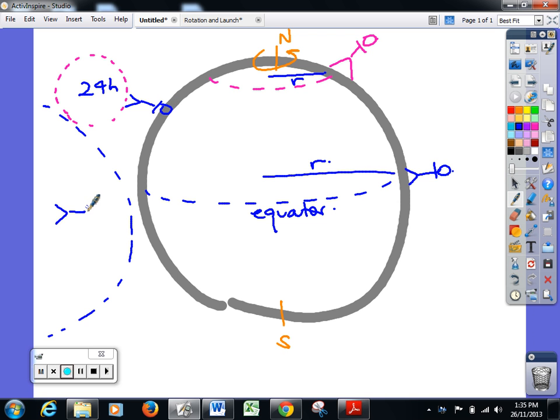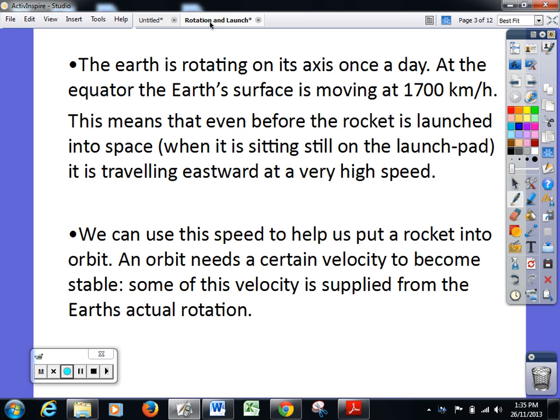At the same time, a person will travel around the equator in a 24-hour period. Therefore, if you're travelling on the equator, you must be travelling at a much faster speed than you would be if you're on the Arctic Circle. And we know that if we are on the equator, then the Earth's rotation is about 17,000 kilometres per hour, rounded to an easier number to remember.